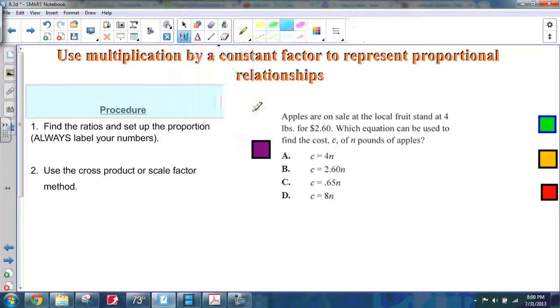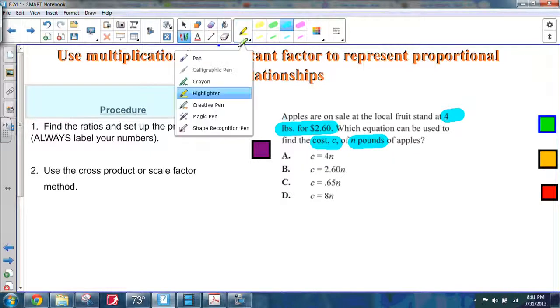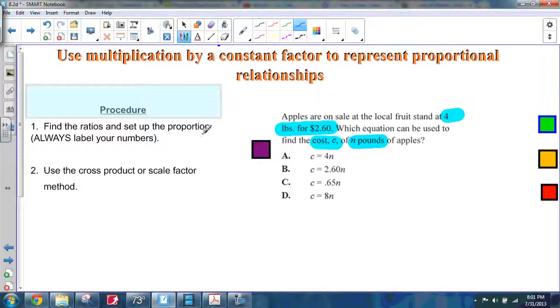Our last problem states apples are on sale at the local fruit stand at 4 pounds for $2.60. Which equation can be used to find the cost, C, of n pounds of apples? Now that we found our ratio, let's set up our proportion.